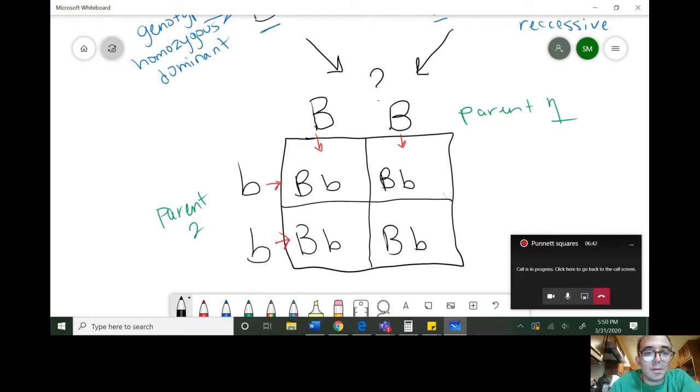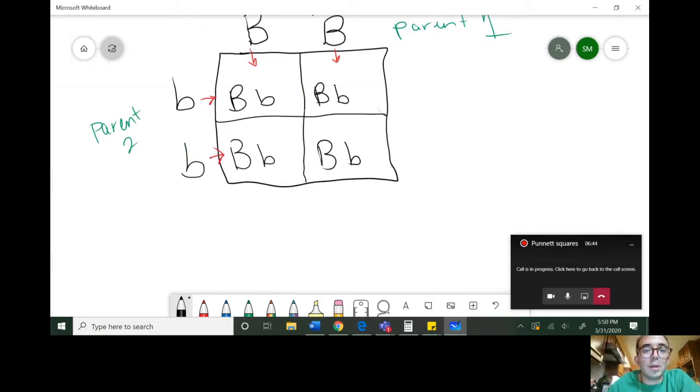And to see what type of child they have, we count up the different varieties.